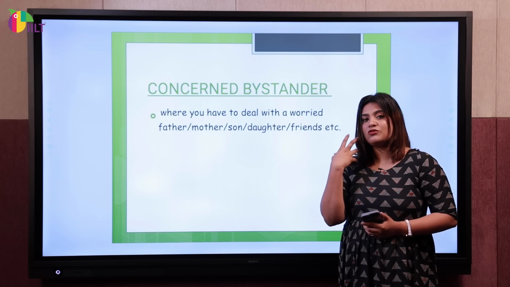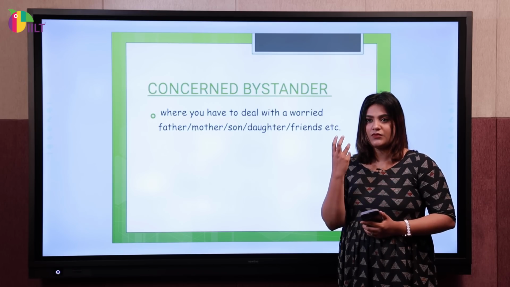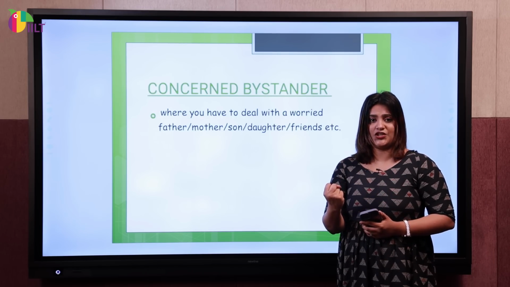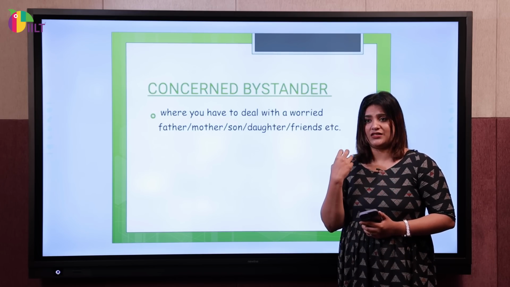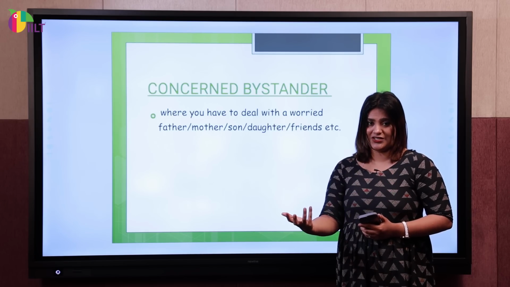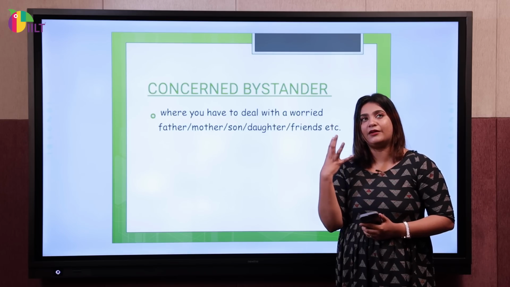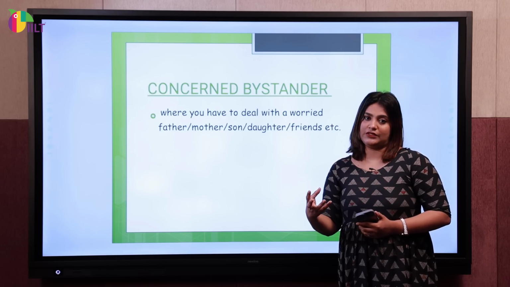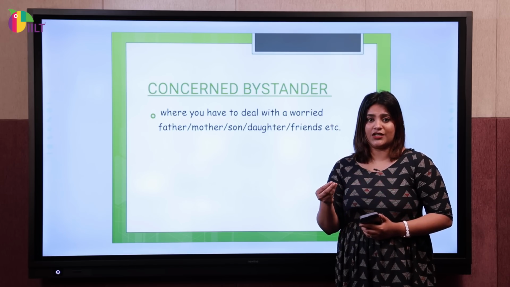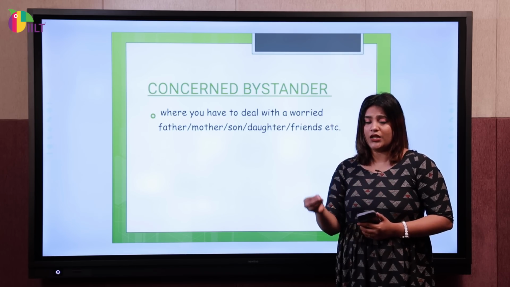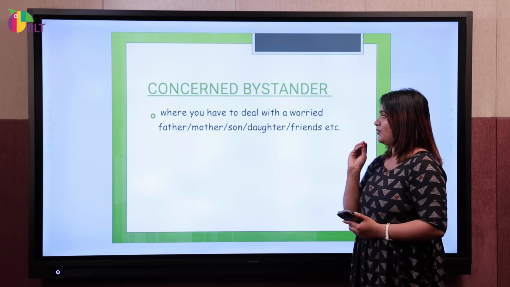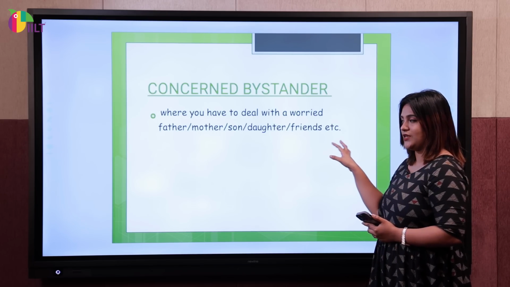You need to understand the type of role play that you are getting, and then what you have to do about it. Only then will you get a clear idea about how to move forward with this conversation, how to deal with the entire cue card and do each task one by one. That is significant.